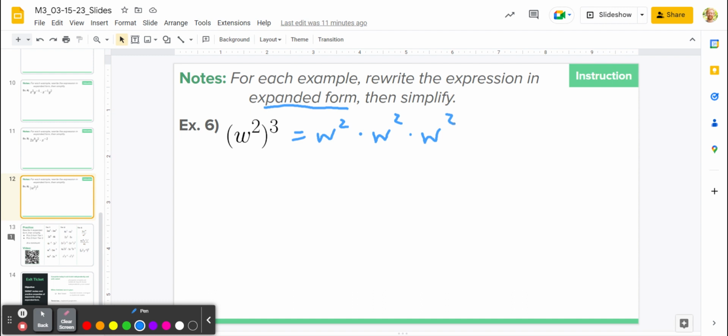And so if I do that and then expand it out one more time, then I'll have w times w times w times w times w times w. So we can then go ahead and simplify that out, where we ultimately have 6 w's in a row multiplied by each other, w to the 6th power.